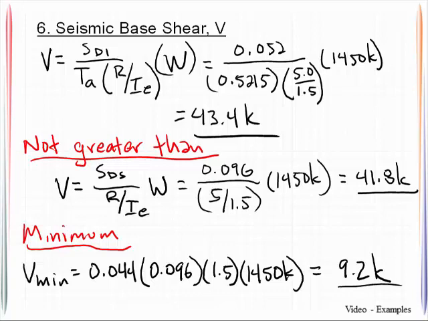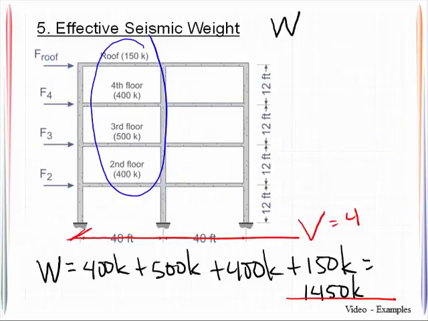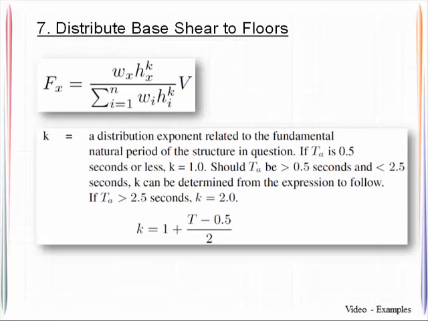Okay, so your base shear has to be at least 9.2, but doesn't have to be greater than 41.8. So we will go ahead and use this. Note here, this is 41.8 kips.